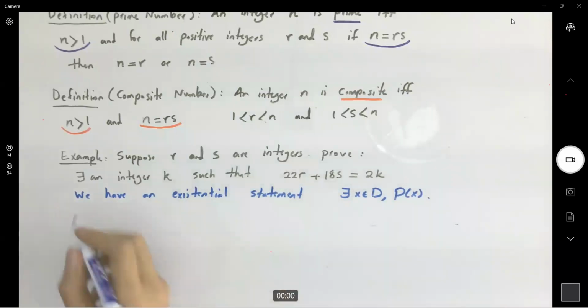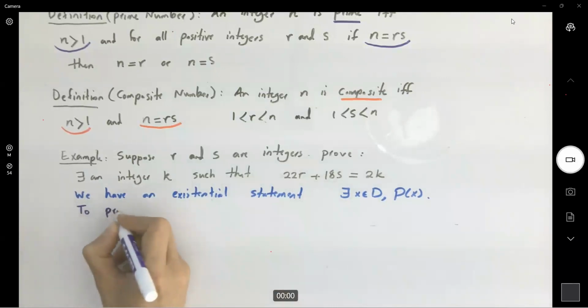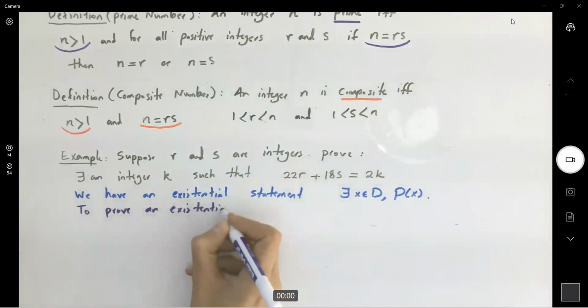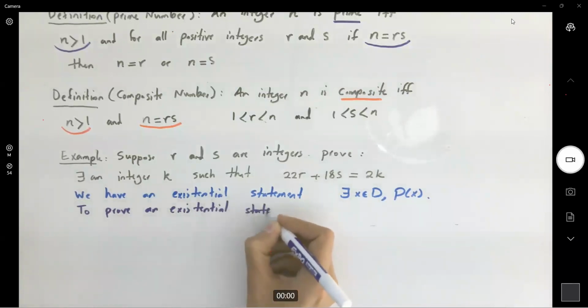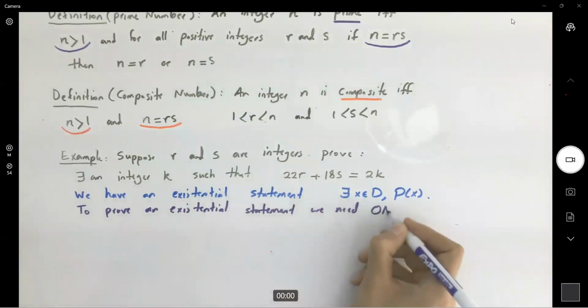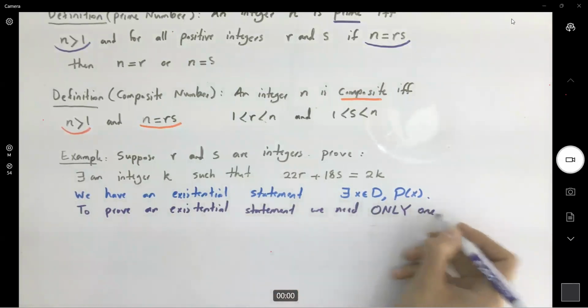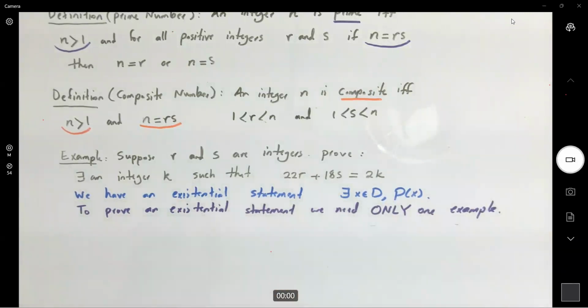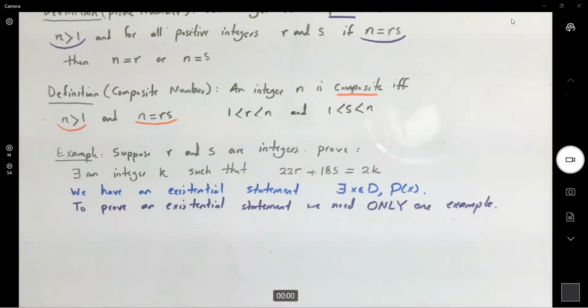To prove an existential statement, we need only one example. So in the previous example, we saw that, hey, 10 is the answer.